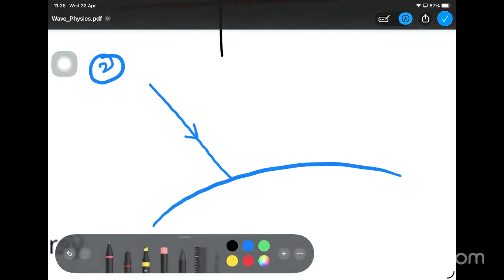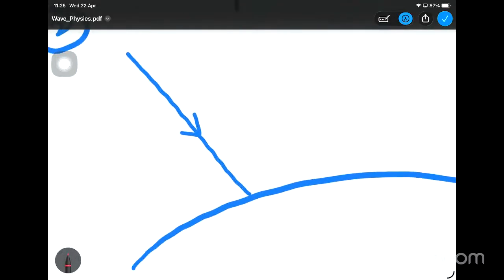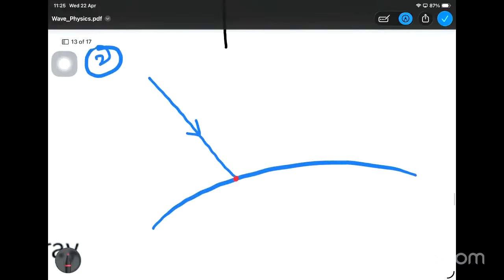So first of all, you need to draw the normal. Always remember, if you are having any sort of incoming ray, the normal would be placed at the touching surface like this. Since this is a curved surface, we cannot just draw the normal.